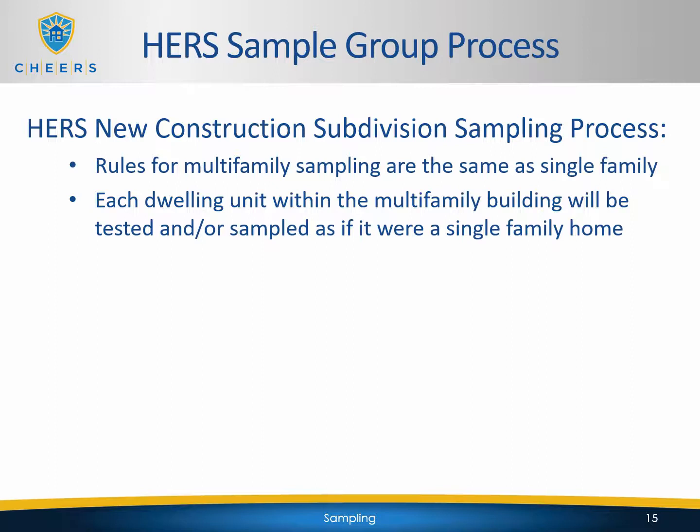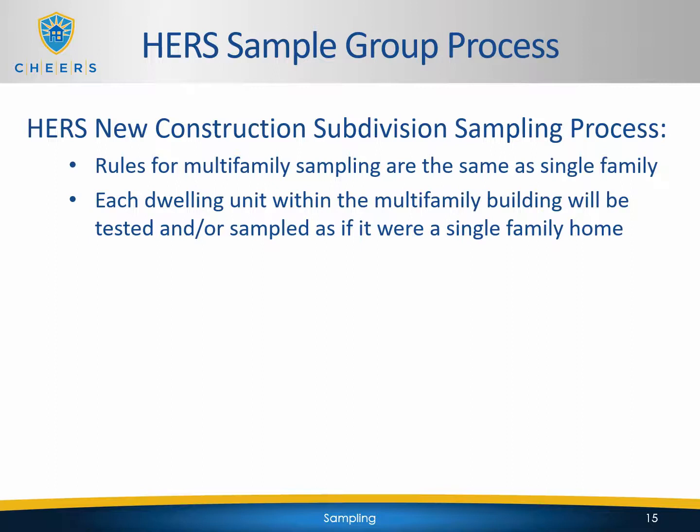So when you're looking at multifamily buildings, each multifamily building is made up of multiple dwelling units, and they're all just attached, but each one is individual. You're not going to have one family that lives in 2 different units within that multifamily building. They're each going to be individual, and they each have their individual address.